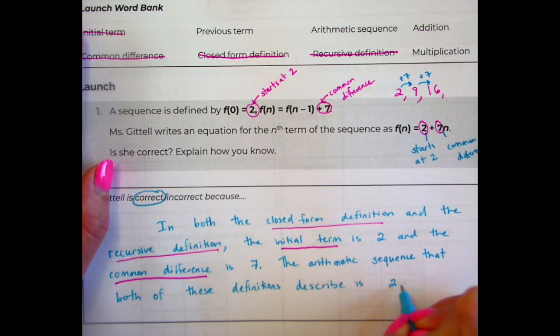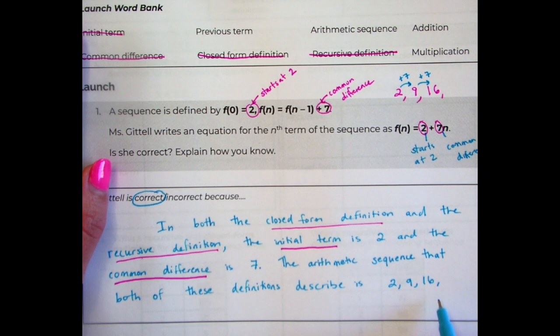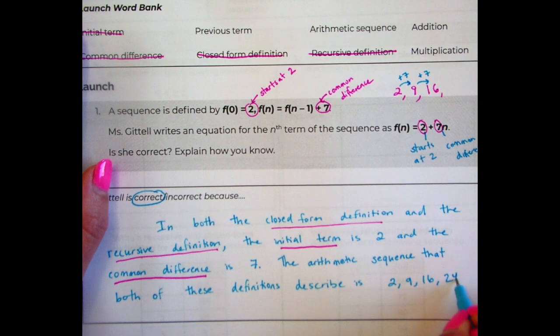There are many different ways to say this. Important thing here is that you recognize that this sequence is the sequence 24. Add 7 to get to the next term.